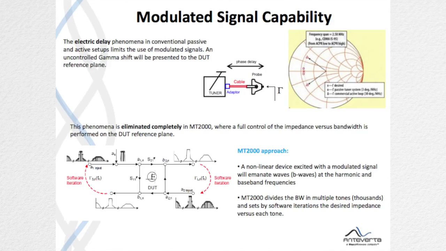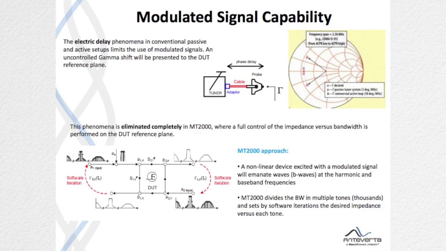What that means is that your device is seeing something that is not realistic anymore, and it's not comparable with the final circuit that you would be implementing. So you have to be careful about trusting your measurements at that point. Now, in a mixed signal active load pull system, we use a relatively simple approach to control the gamma versus frequency within the modulation bandwidth.